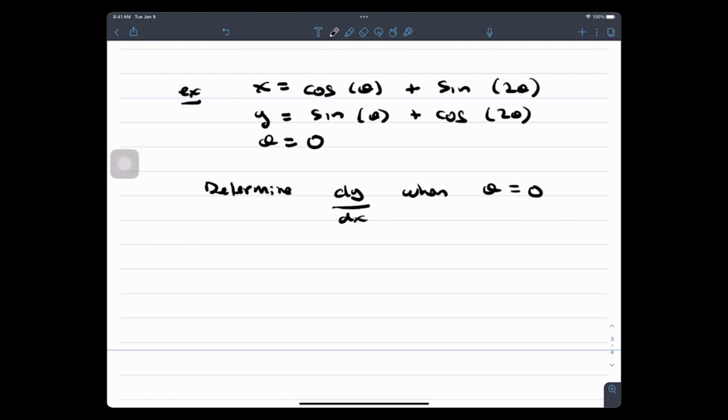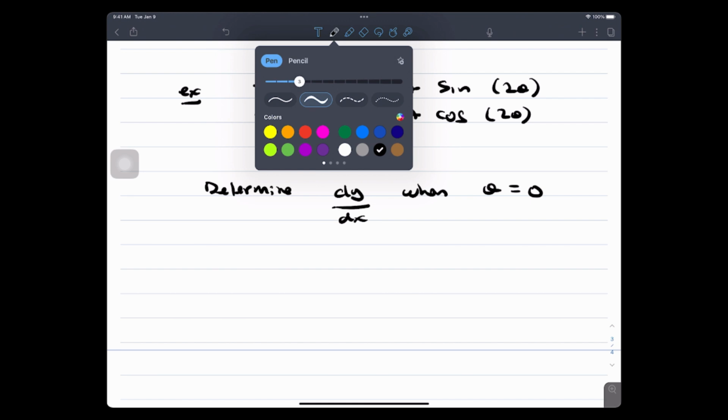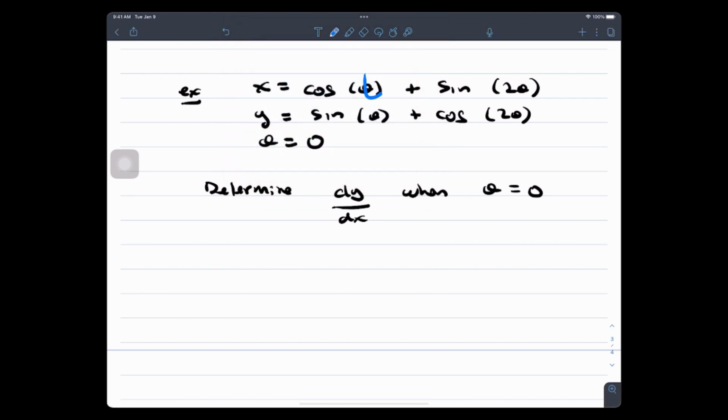Now you might say, Mr. Judge, where's my t? Well, sometimes they give you t, sometimes they'll give you theta. So don't get discouraged. If you'd rather use t because you just showed me one example, then do it as t.